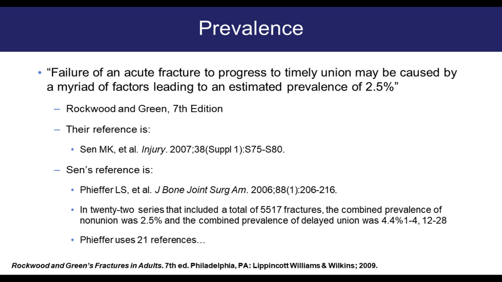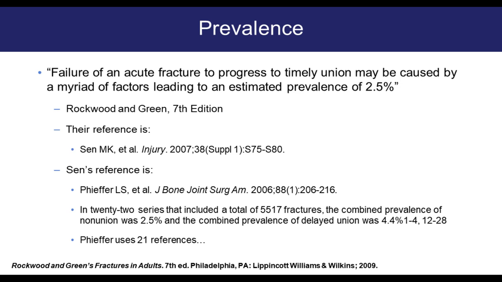They used 21 references, and as I go through these next few slides, you'll see some of their references. References 1 through 4 are all the tibia, 12 through 20 are all the tibia, and 21 through 28 are all the tibia. And one is even a free vascularized bone graft, not the tibia.